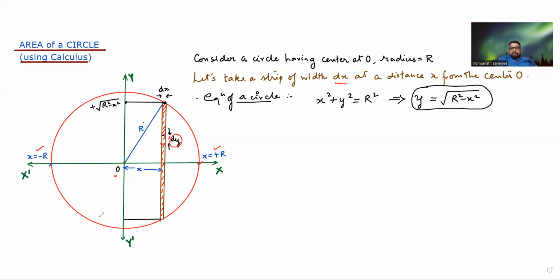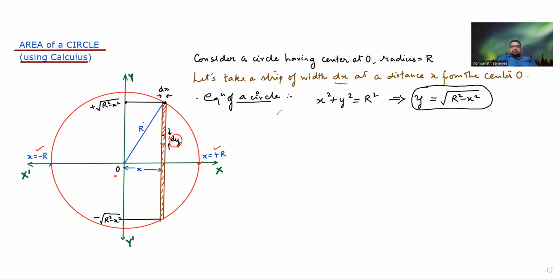On the negative side of the y-axis, it will be the same value with a minus sign, minus under root of r squared minus x squared. So these are the limits of dy. dy is a small element along the y direction, and its limit is minus under root of r squared minus x squared to plus under root of r squared minus x squared.